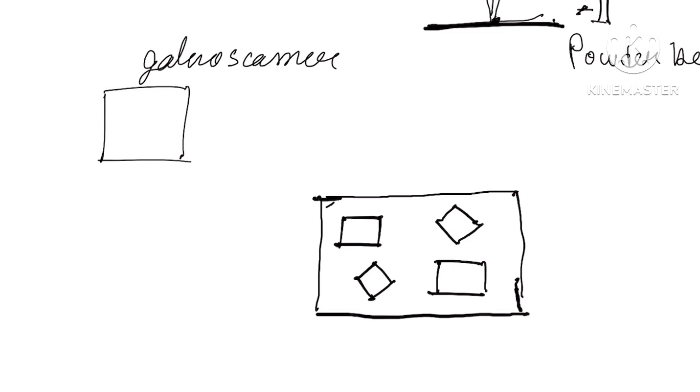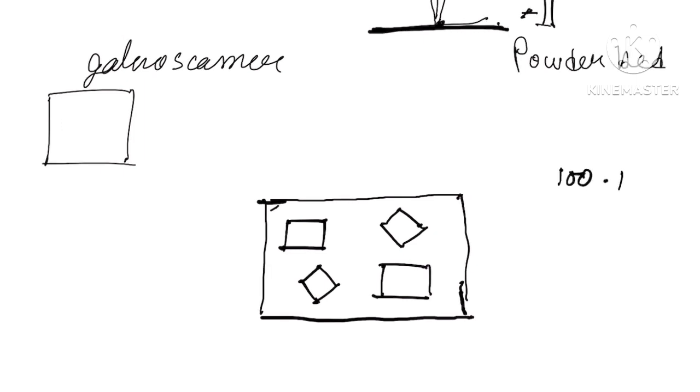The typically used laser spot diameter in powder bed fusion is in the range of 100 to 120 micrometer. So it's basically very small. This diameter is this.